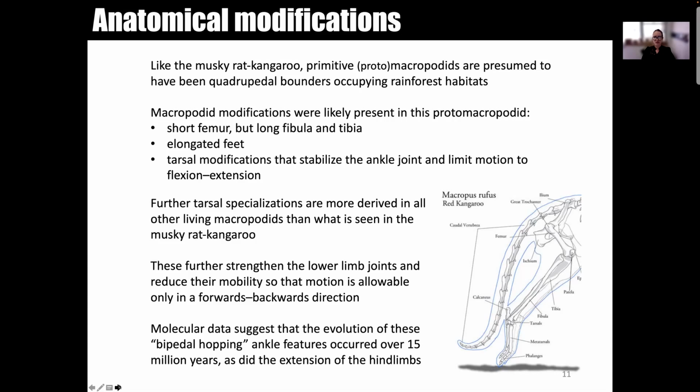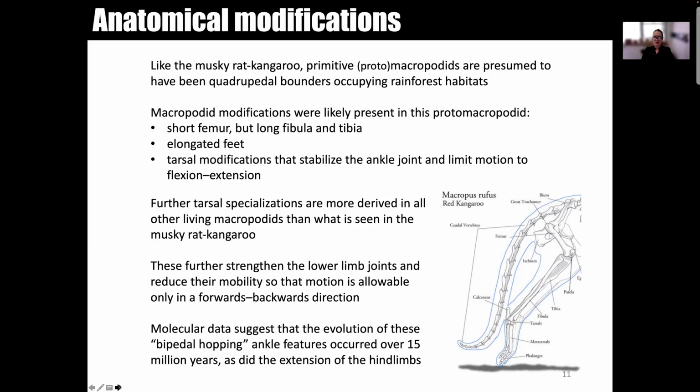It's believed that further tarsal specialisations are more derived in all other living macropodids than what we see in the musky rat kangaroo.